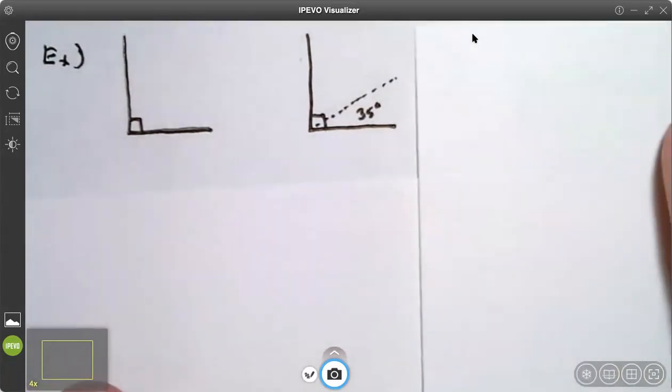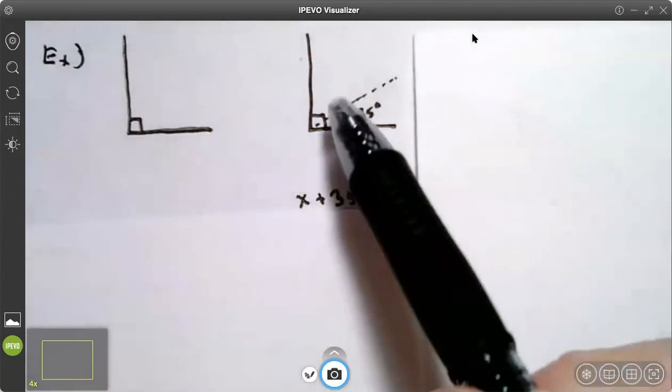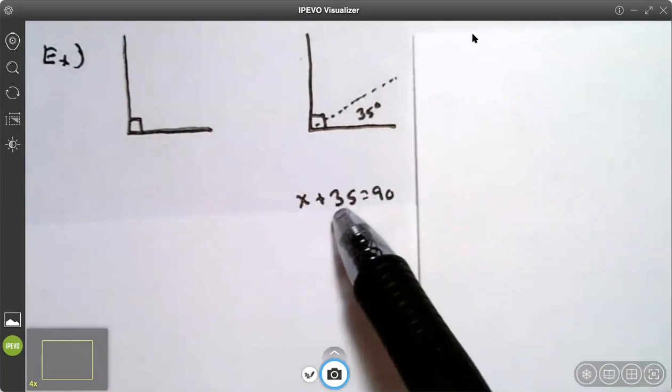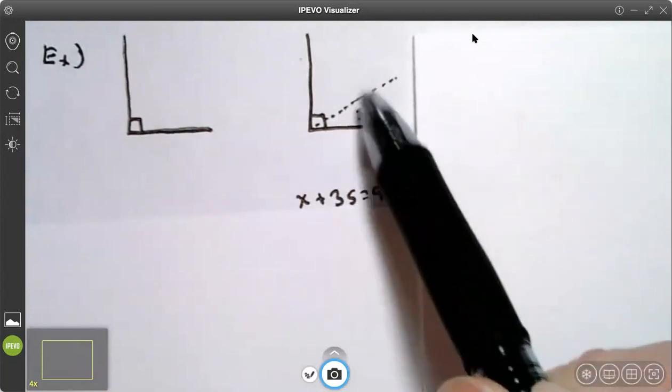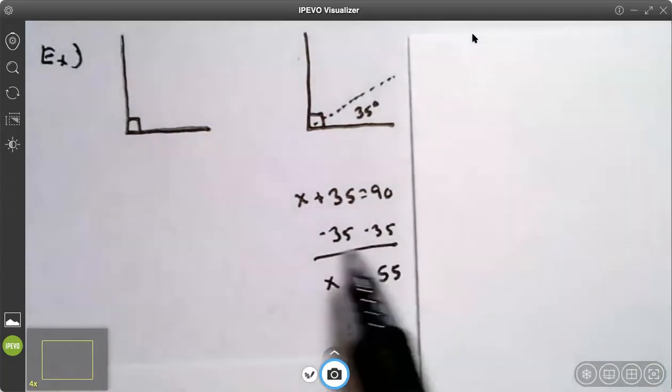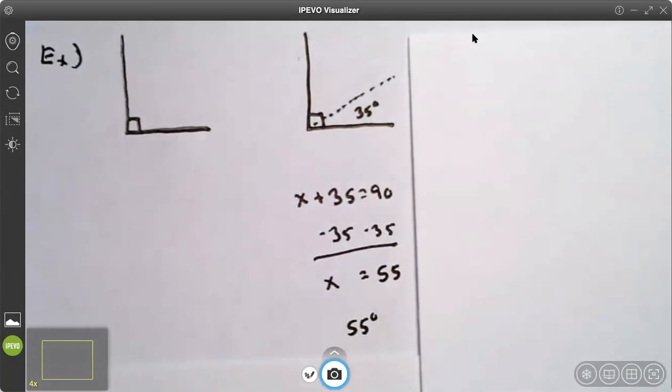So there are two ways to do it. The official way to do it is to say this angle, which we'll call X, plus this angle, which is 35 degrees, equals 90 degrees, because they are complementary. Subtract 35 from both sides, you get your answer of 55 degrees. But you don't have to write an equation every time you do one of these.